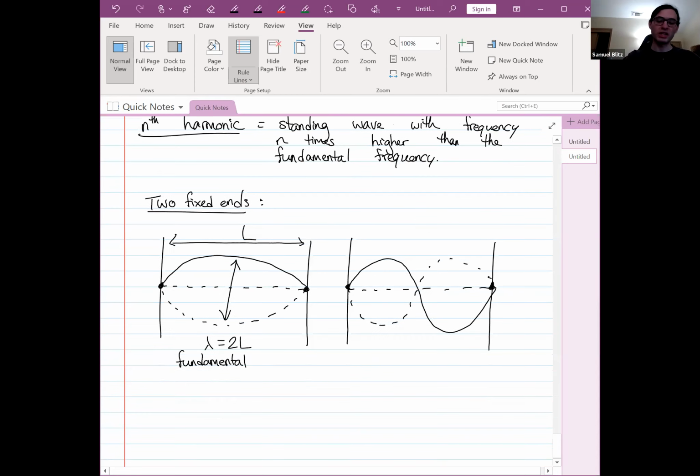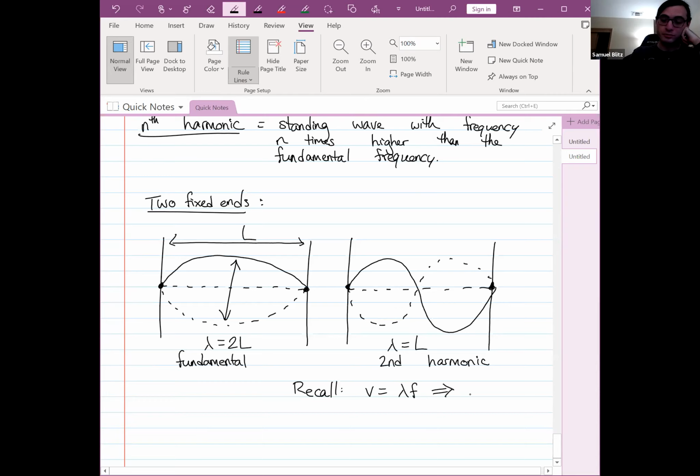So again, the length is L, and the wavelength here, well, this is 1 full wavelength, right? It goes up, then comes back down, then goes back up. This is 1 full wavelength, so the lambda here is L. This would be the second harmonic. And by the way, because the wavelength is half as big, V, wave speed, is lambda times frequency.